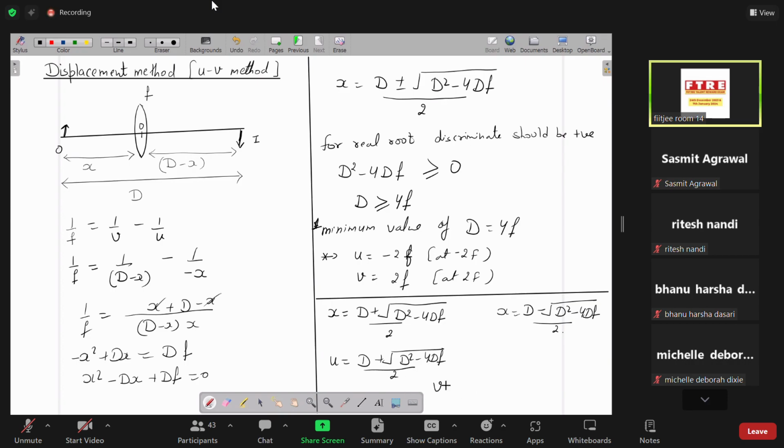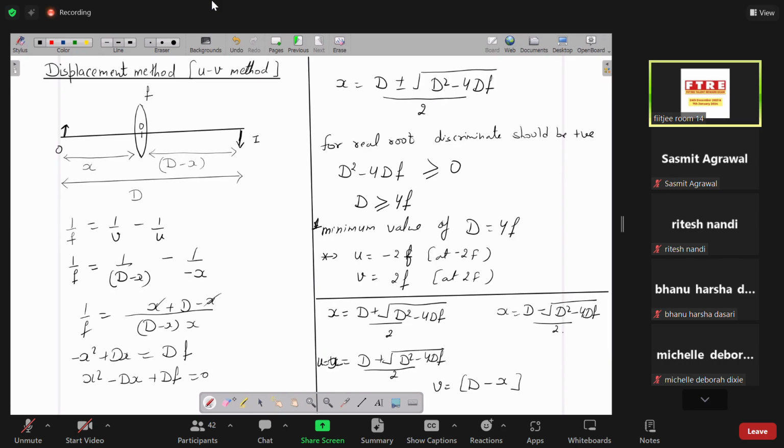Please do the calculation. D minus x. Find d minus x. That is the image distance. What will be the distance of the image from the lens? What I've taken is u is equal to x here.